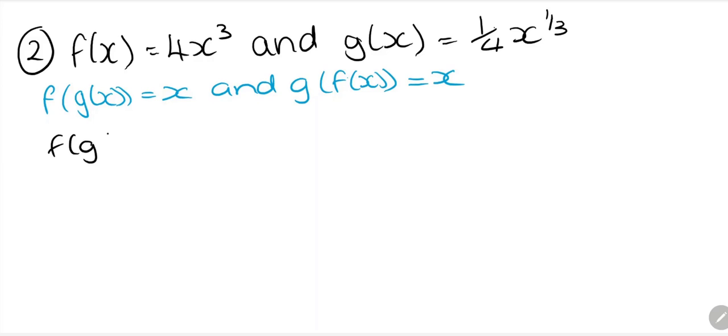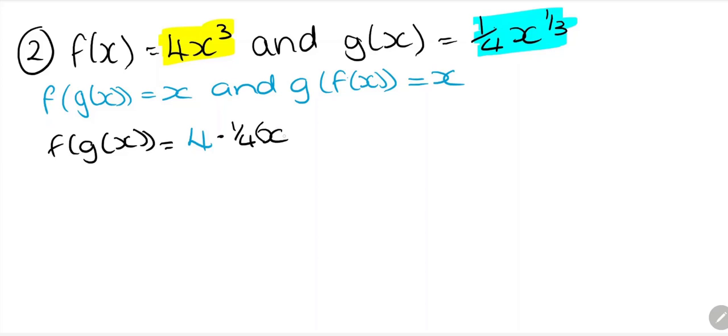f of g of x is equal to, so we have the function that we're going to take, 4x cubed, and instead of the x, we're going to write a quarter x to the 3rd. So we've got 4, and then we've got a quarter x, and the x is to the 3rd.